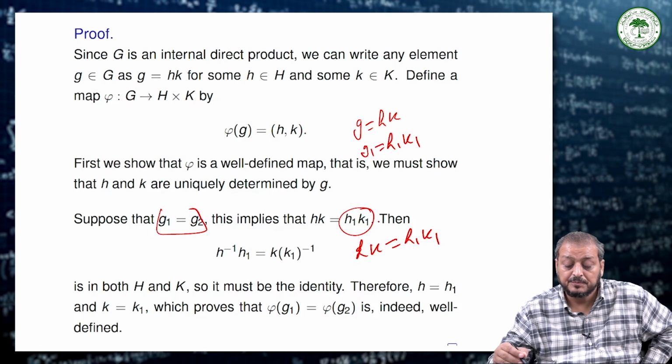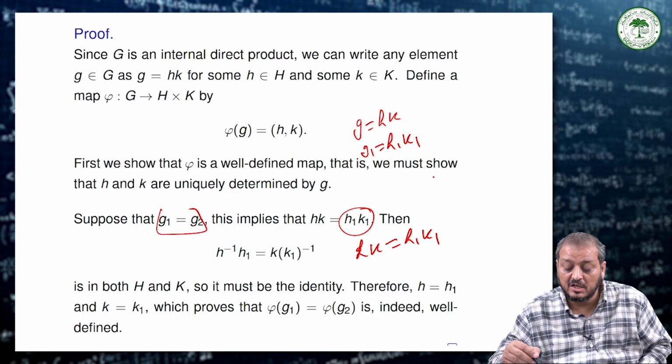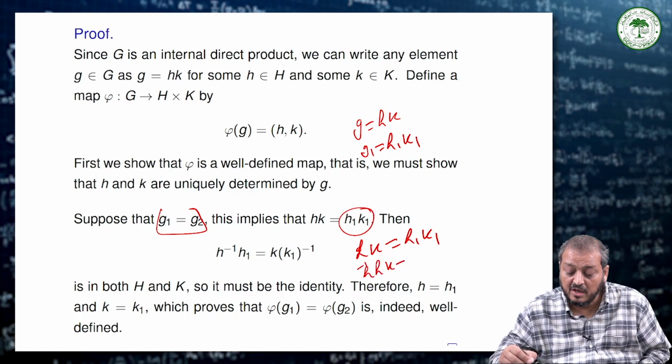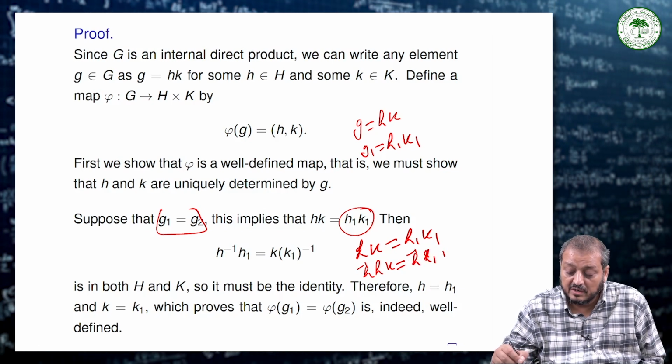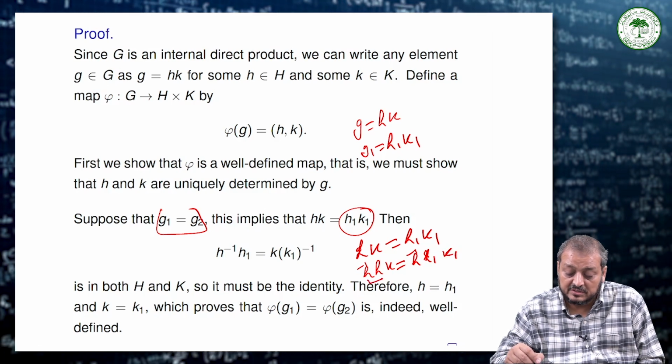Now because h is an element of H and H is a subgroup, h inverse exists, so we have h inverse times hk equal to h inverse times h1 k1, and the left side is nothing but k, since h inverse h is the identity.